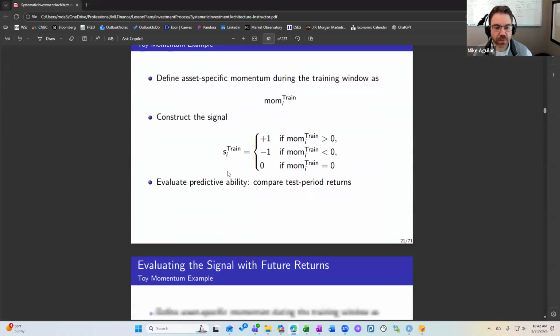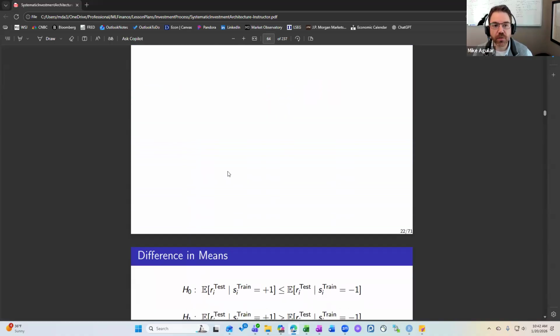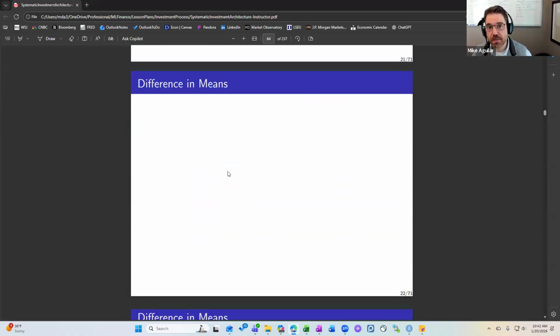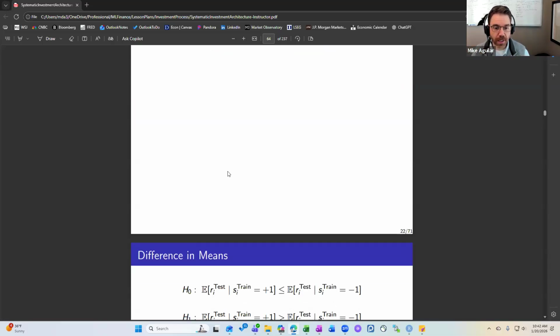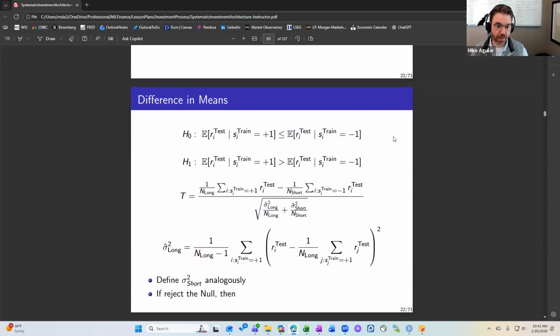After we construct the signal, we would do a difference in means test. And think about the way that I said it: the return on the longs is higher than the return on the shorts. So we want to structure a hypothesis test. If you remember the hypothesis test, you're putting the evidence against you, and then you have the alternative as what you're rejecting. So what we're going to do is structure a hypothesis test, a difference in means like this.